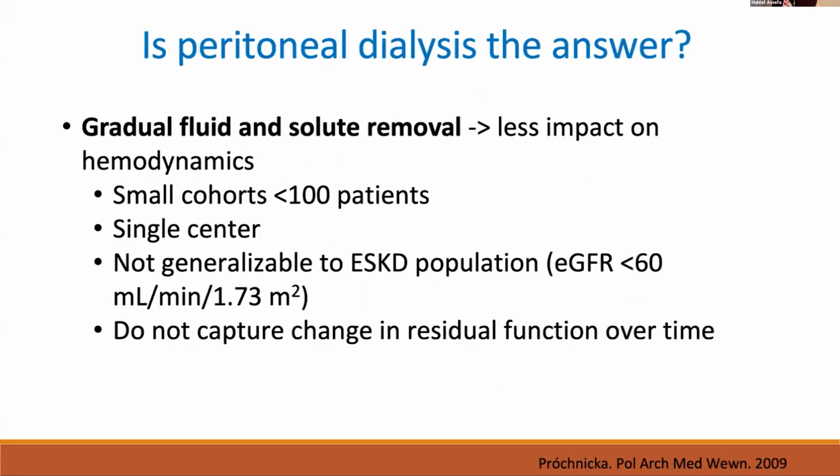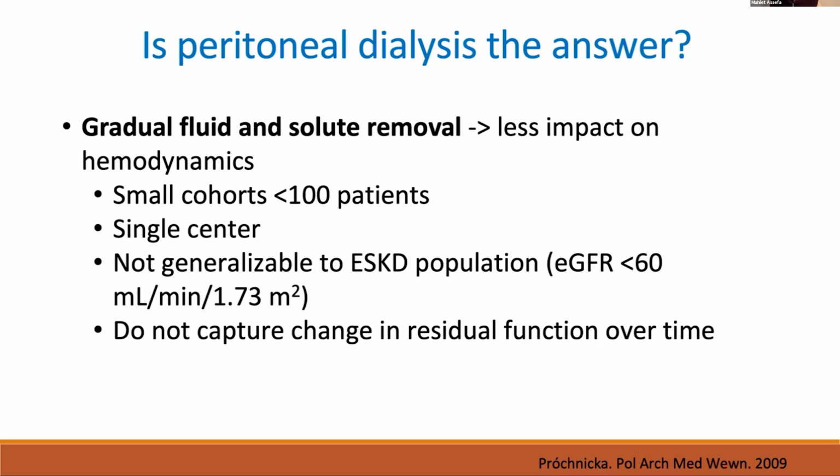So then the question: is PD the answer in all of this? We talk about the fact that continuous UF, gradual fluid removal, and solute removal likely has less impact on hemodynamics in PD patients. And so is PD the way to go? But when you take a look at the studies out there about PD and heart failure, they tend to have pretty small sample sizes and be single center.